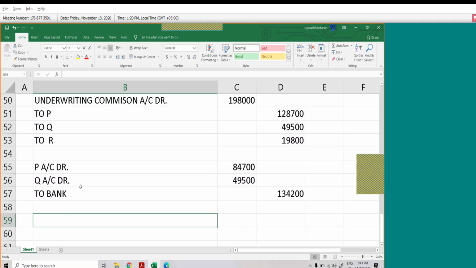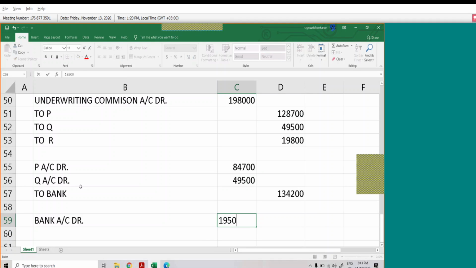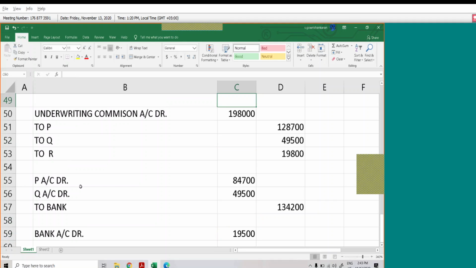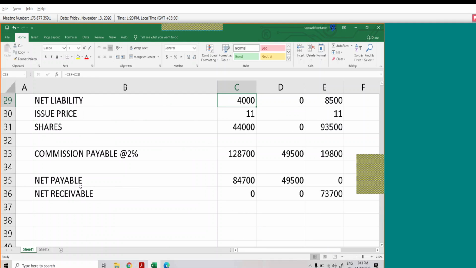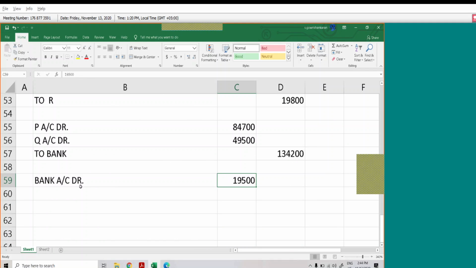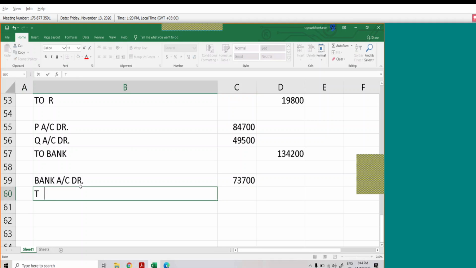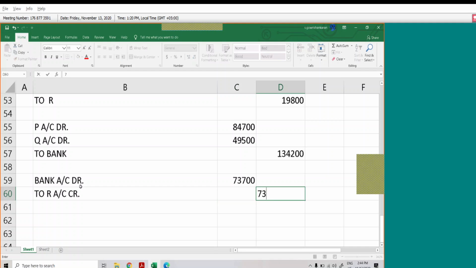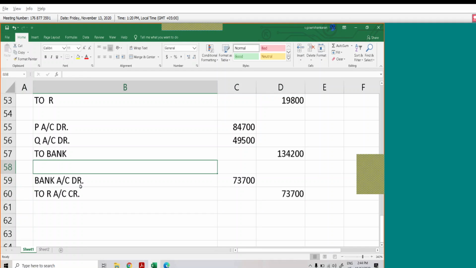Balance for R has to pay to us. Bank account debit 73,700. R has to pay to us. To R account credit 73,700. Okay. Adjustment is over.